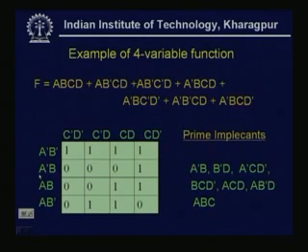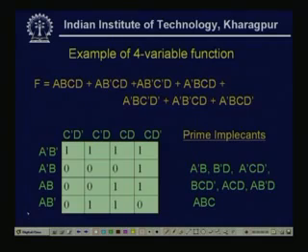Now, again we take one 4 variable function. See that this 4 variable function, given that f, has 7 minterms. 1, 2, 3, 4, 5, 6, 7 minterms. Now, we see what the minterms are. See that ABCD, this is one minterm. So, I am taking this as my first minterm.